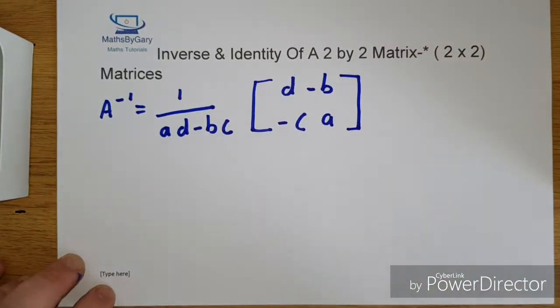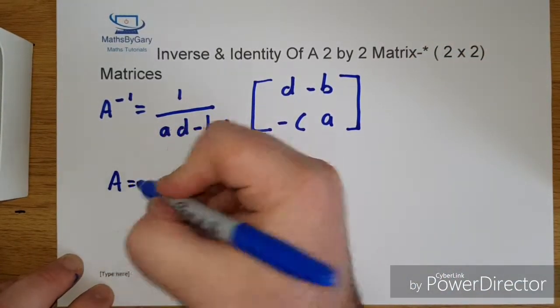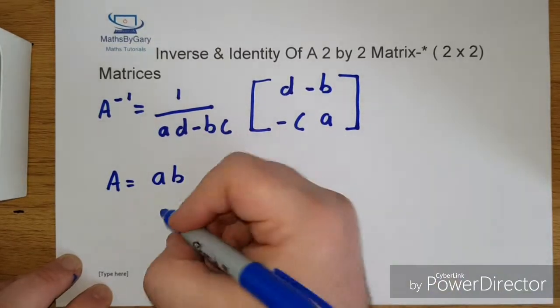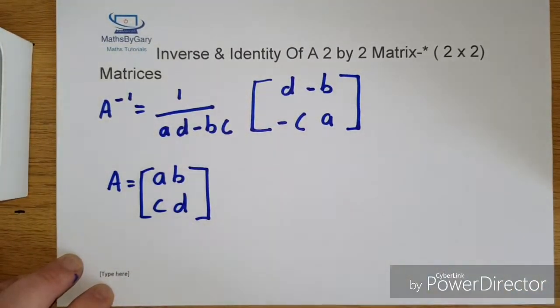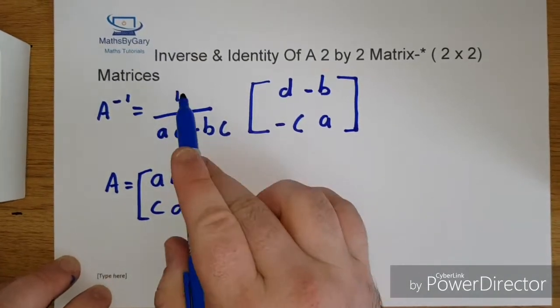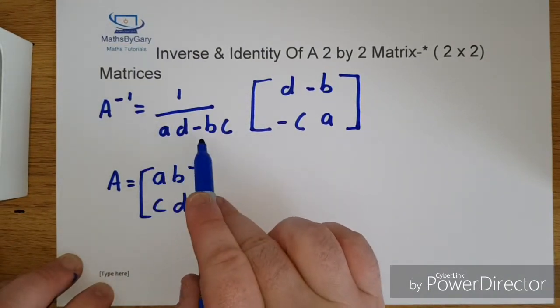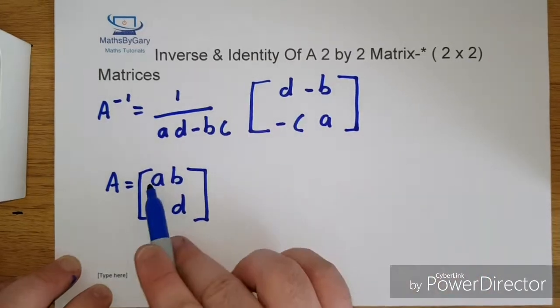Normally you would label a matrix A equals A, B, C and D, but when we're finding the inverse of a matrix, A to the minus 1, it's 1 divided by the determinant, and then we change the labelling.